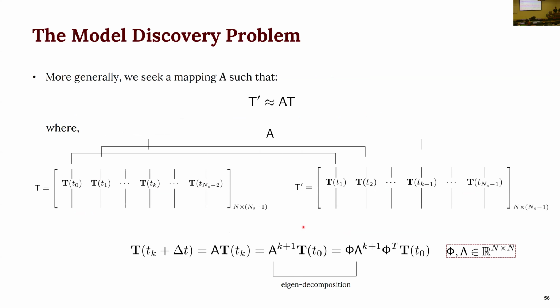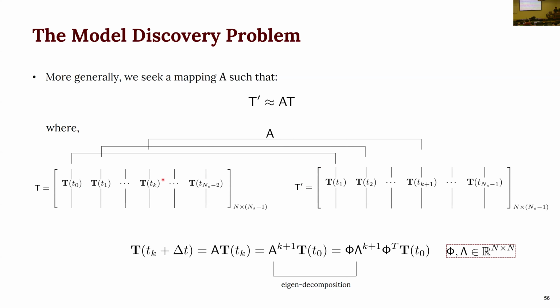So say we have T, a matrix where we have collected the solution snapshots at successive time steps from a model, or from whatever source. And we build another matrix T prime that's almost the same matrix, but advanced one step in the future.